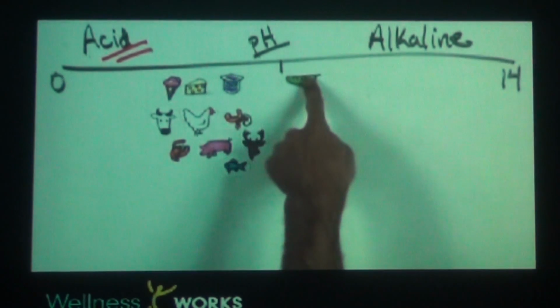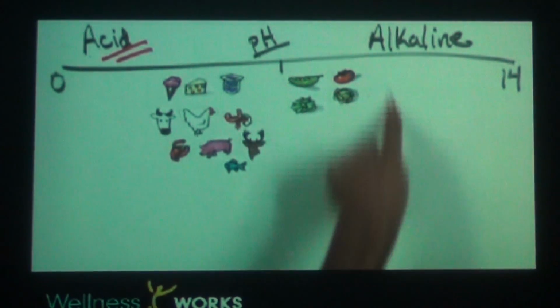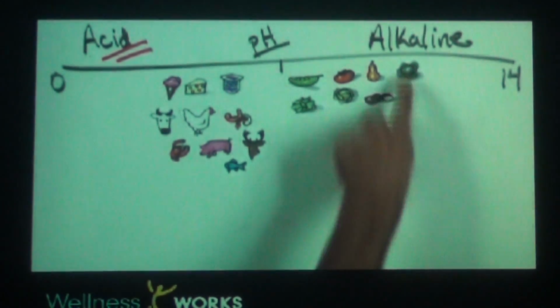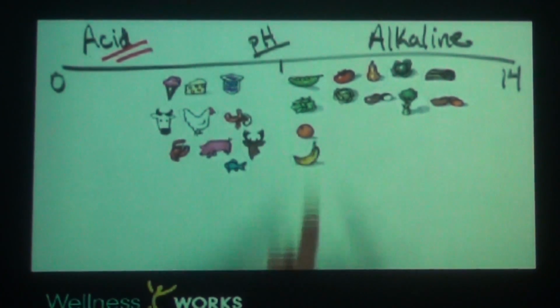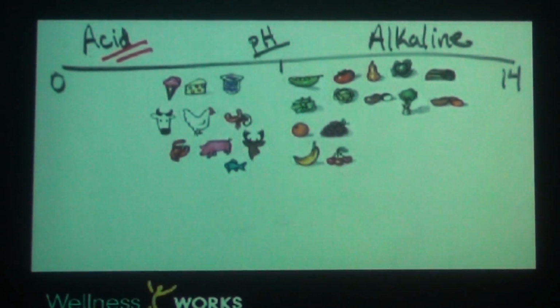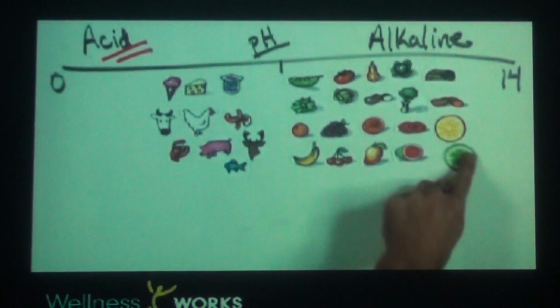Let's look at snow peas, spinach, tomatoes, lettuce, squash, potatoes, cabbage, broccoli, asparagus, and sweet potatoes. And fruits, let's look at oranges, bananas, grapes, cherries, grapefruit, mangoes, raspberries, watermelons, lemons, and limes.